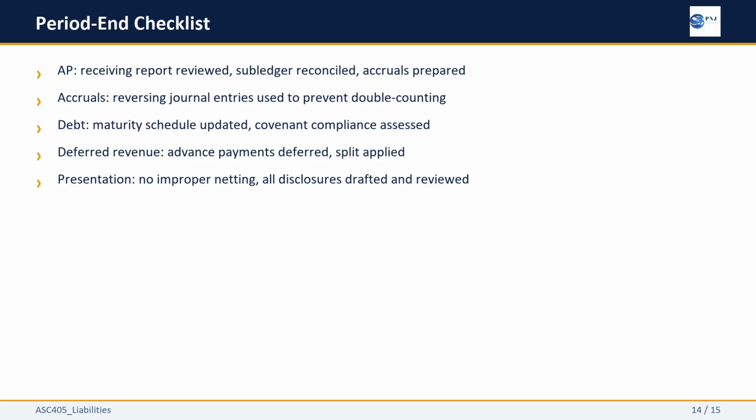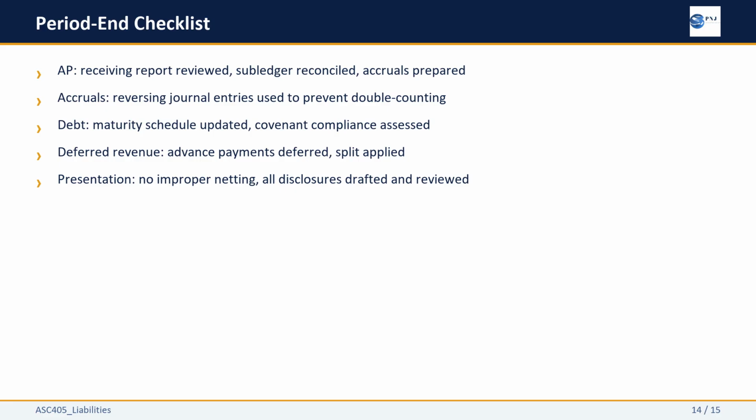Before you can close any period on liabilities, run through this checklist. For accounts payable and accruals, confirm that every goods receipt before period end has a matching payable. Reconcile the AP subledger to the general ledger. Accrue for all incurred but uninvoiced obligations, and use reversing journal entries to prevent double counting when invoices arrive.